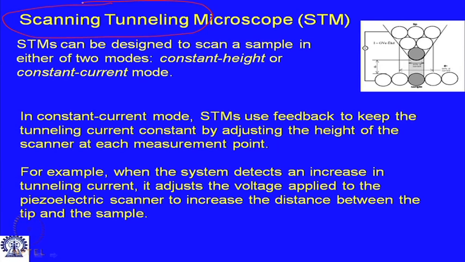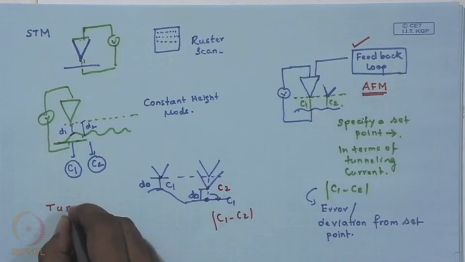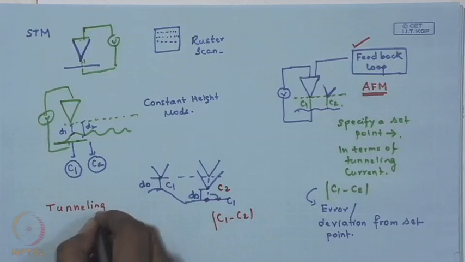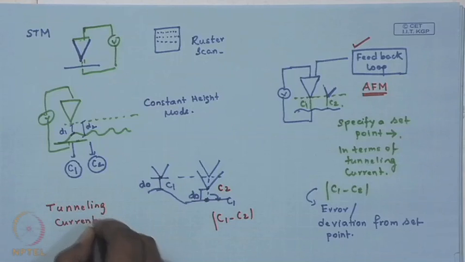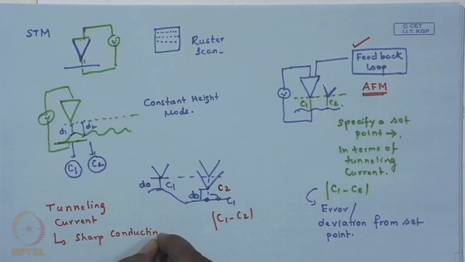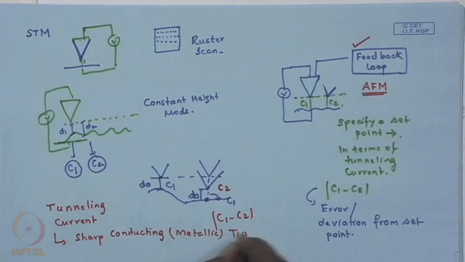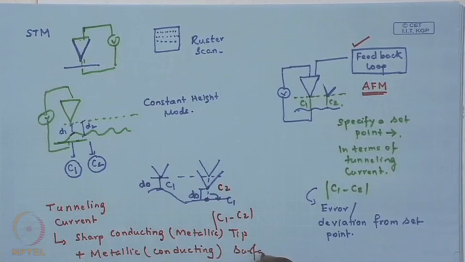Important thing to note is that the principle of STM requires tunneling current, which is possible only with a very sharp metallic tip and a metallic, or again a conducting surface.